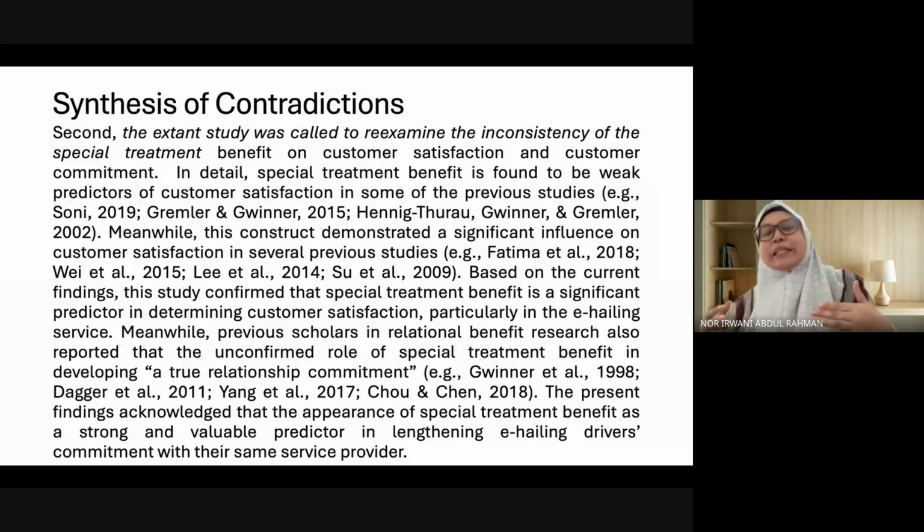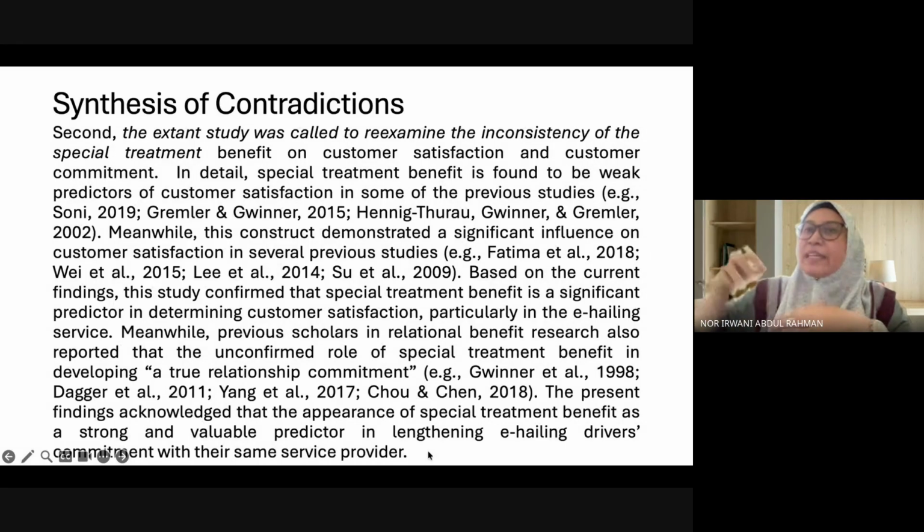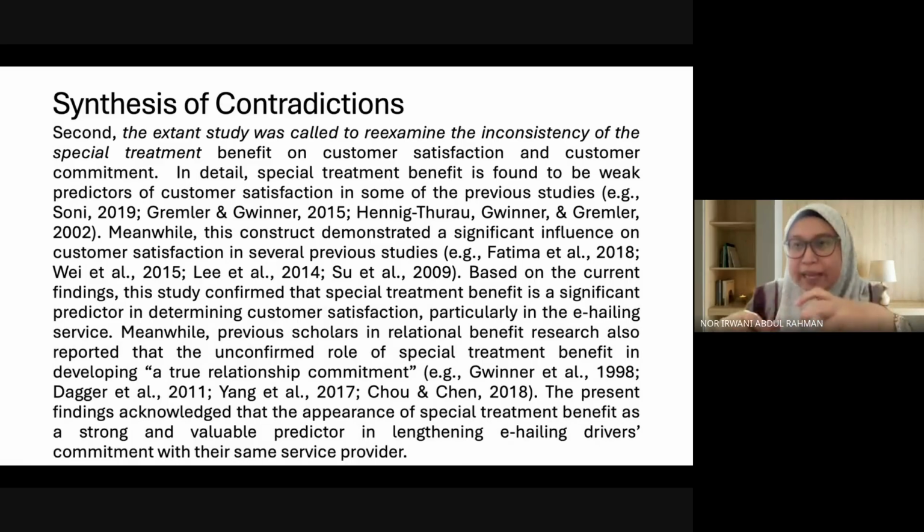How do I know? I read. Okay, develop the metrics. Okay, understand. Okay, it confirms. Based on the current study, the study confirms that we do not say that previous study is invalid, but we would like to justify our findings is valid in our context.